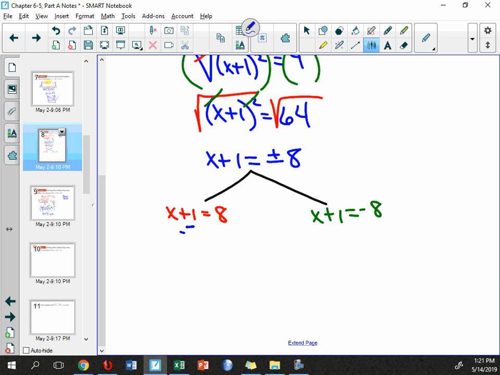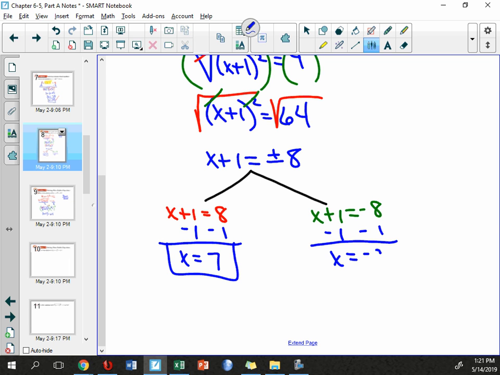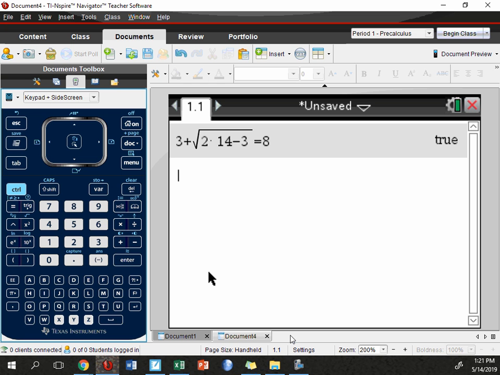If I subtract the 1 from both sides, I have x is equal to 7. If I subtract the 1, I have x is equal to negative 9. Now, what do I need to do? I need to type it in the calculator. So I'm going to go back to my calculator, and I'm going to type in my problem.